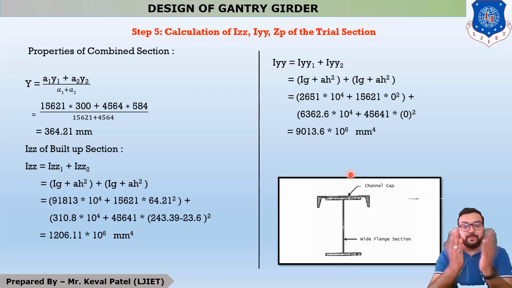When the mirror image is there, your h value is equal to 0. It means your Iyy is equal to Ig1 plus Ig2. So your combined answer is 9013.6 into 10 raised to 6 mm raised to 4.